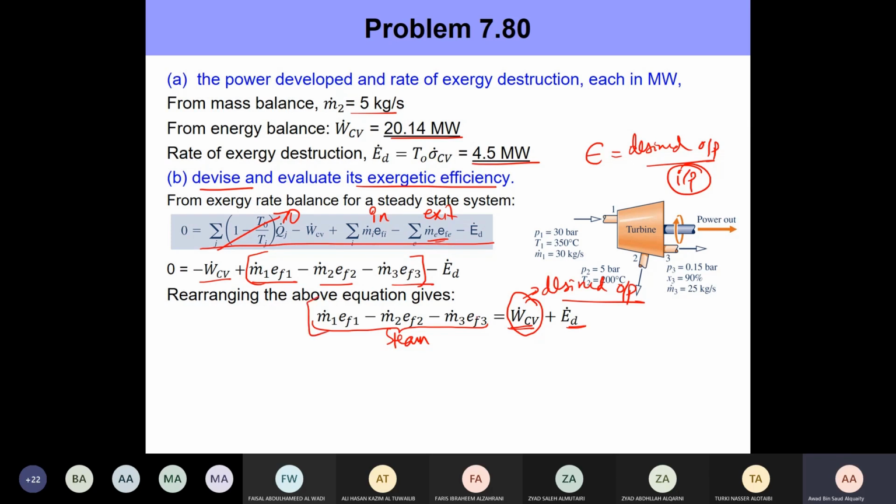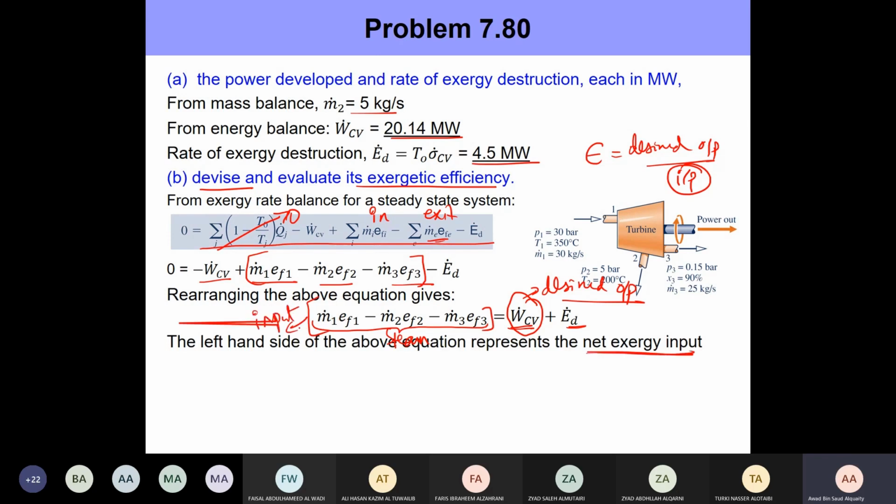So the change in exergy of the steam is the input that we need to provide, or it's basically the cost that we are paying for it, right? So this term on the left hand side is the net exergy input, simply the input that we are providing. This is basically what's being used to provide the work output.